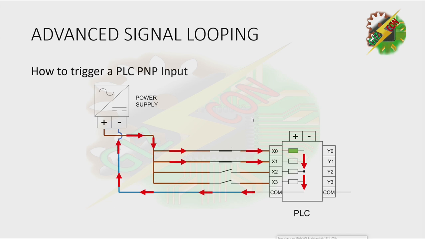That will allow the current to pass through X1. Switch 3 is closed. It will allow the current to flow at X2. Switch 4 is now closed. It will allow the current to flow here at X3, and that's how it works.